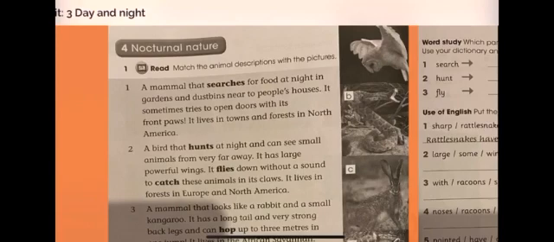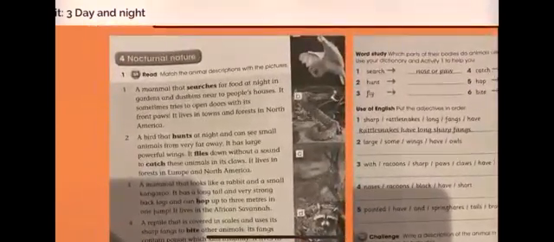It lives in towns and forests in North America. Now just see these pictures and see which of these are mammals, which are reptiles, and which are birds. Then choose the appropriate animal for this first description: it's a mammal that searches for food at night in gardens and dustbins, sometimes tries to open doors with its front paws, and lives in towns and forests in North America.